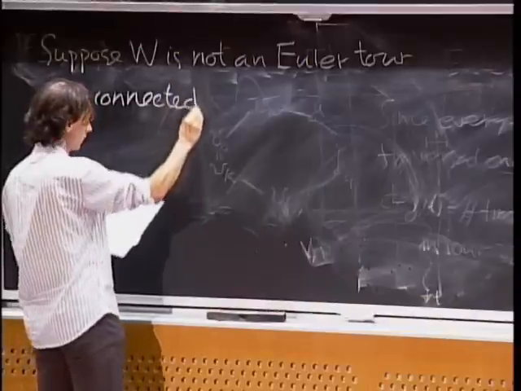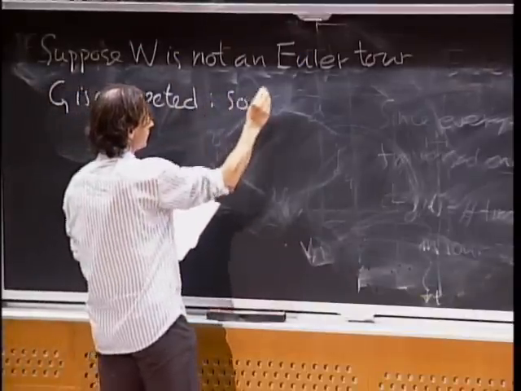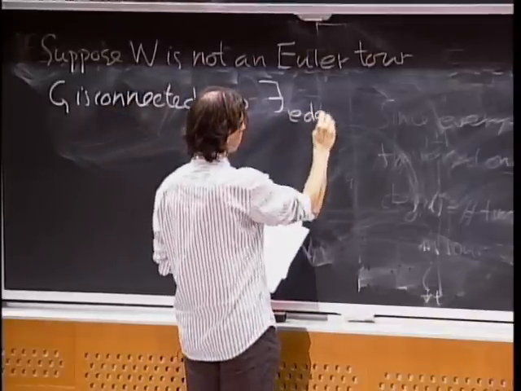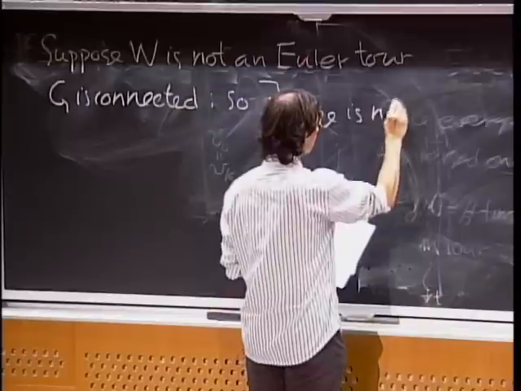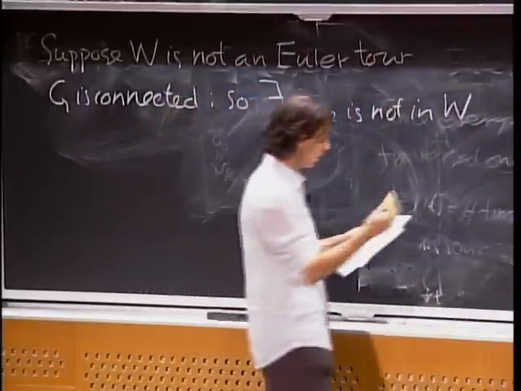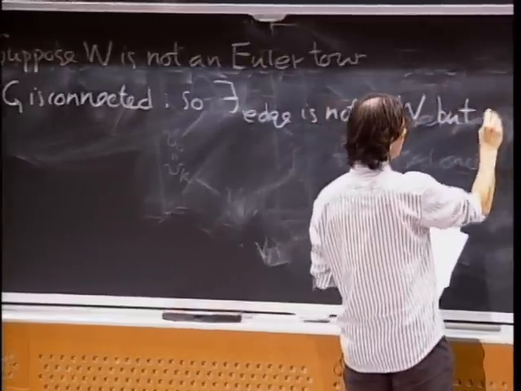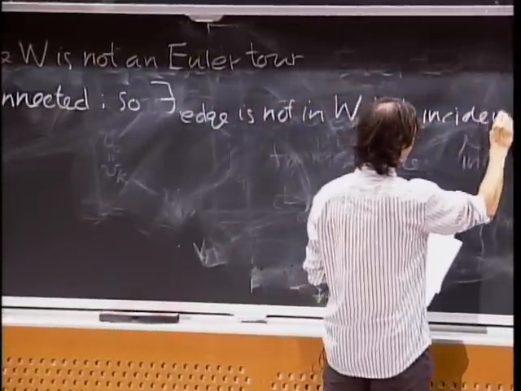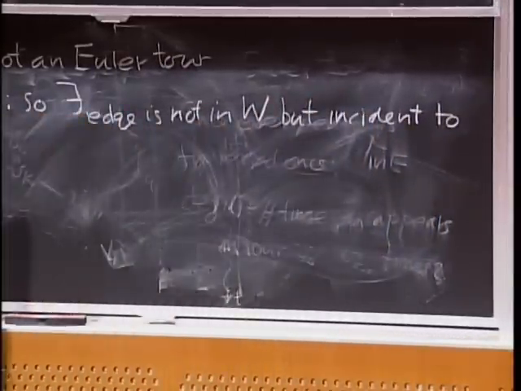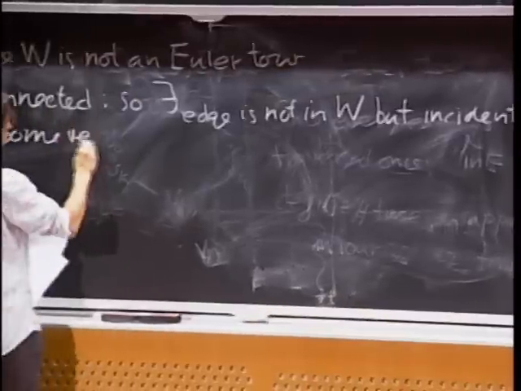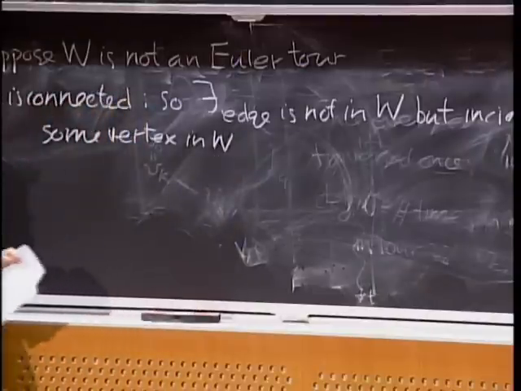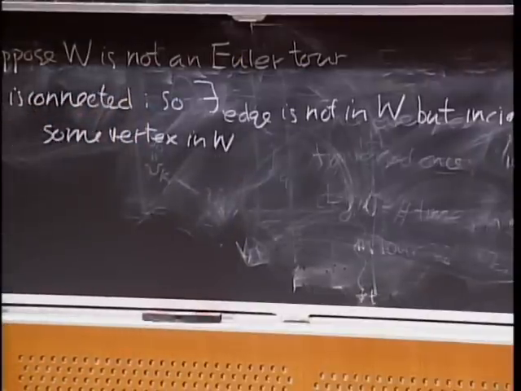So that's a good thing, because that means that if it is not an Euler tour, there is an edge that is not used in W, in the walk, but it is incident to some vertex that is used in W. So this is where the connectivity comes in play.